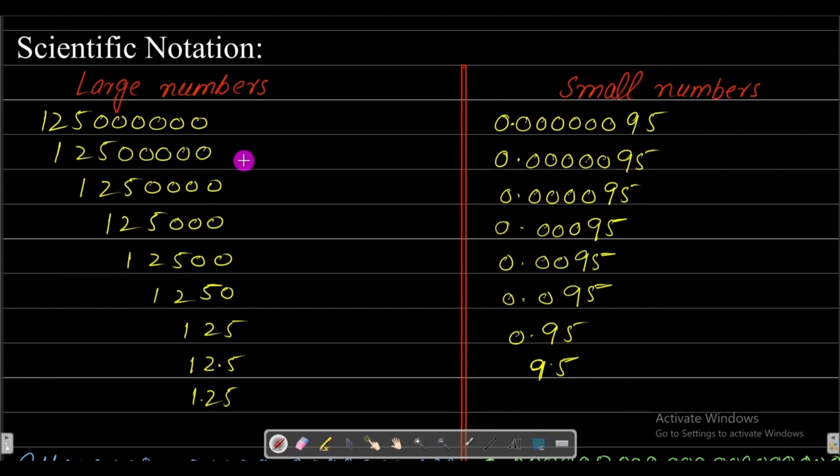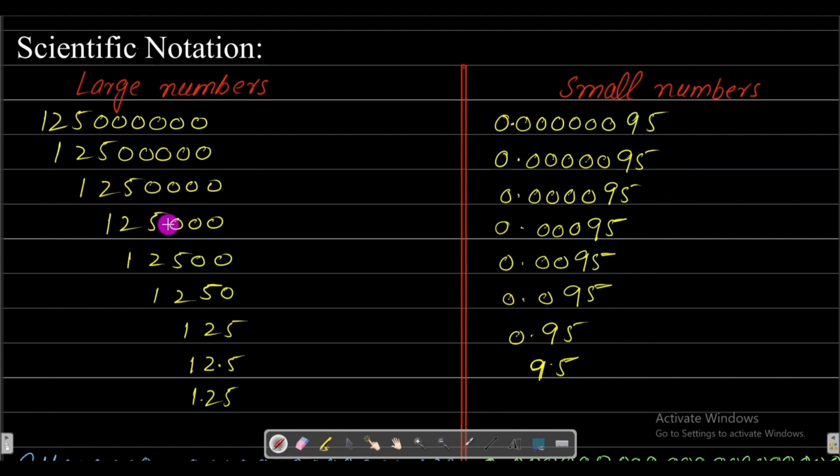In order to reduce this number to this number, we will divide it by 10. If we divide this number by 10, then one zero will be cut and it will become 1.25 with 5 zeros. Originally it was 6 zeros. Now if we further divide this by 10, it will become 1.25 with 4 zeros.